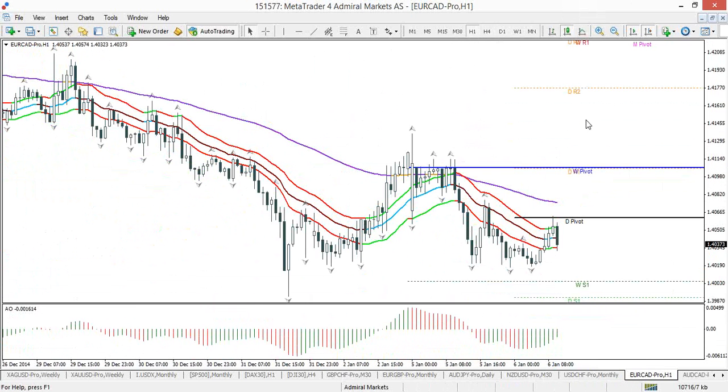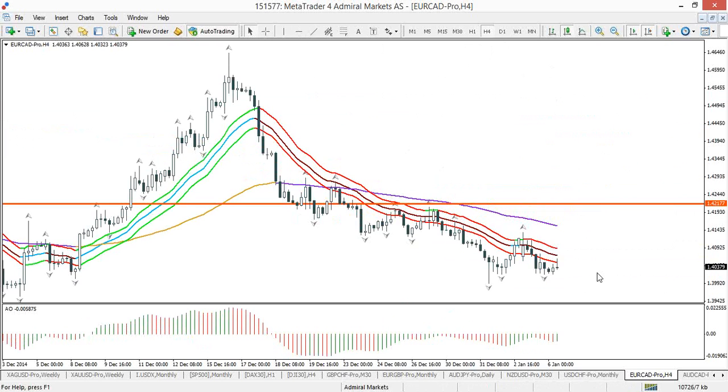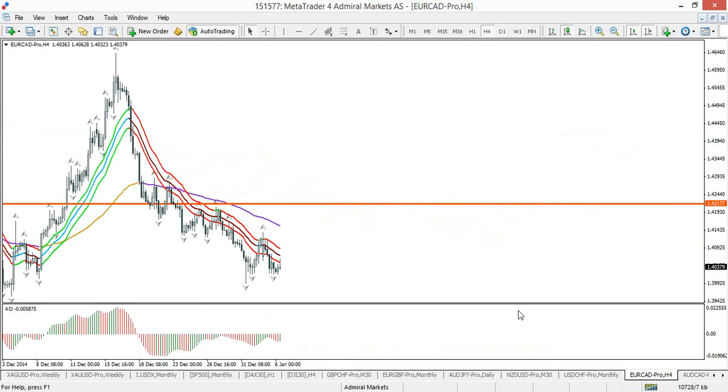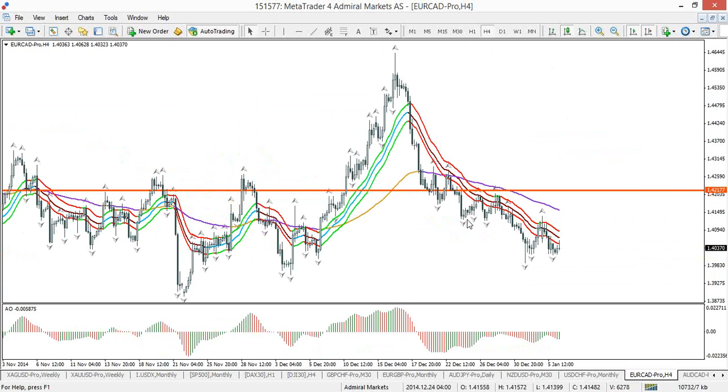I don't see an interesting setup as yet, but obviously if it retraces a bit higher, it gets more interesting to short. So how far would it have to retrace? The weekly pivot point, for instance, or even the monthly pivot point up in here, let me put a line there, would probably be needed to get some more decent entry potential there.